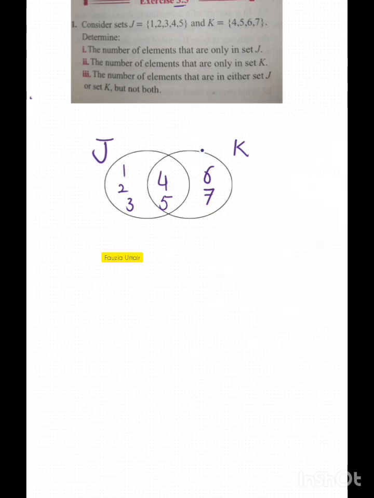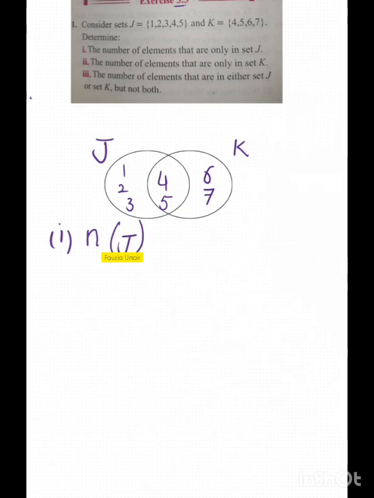I can tell the number of elements in all three of them. But let's calculate them through simple formulas or you can say identities, which will be helpful in the future also. So let's see first of all the first part. First part is the number of elements that are in only set J. So n(J) represents the total number of elements.